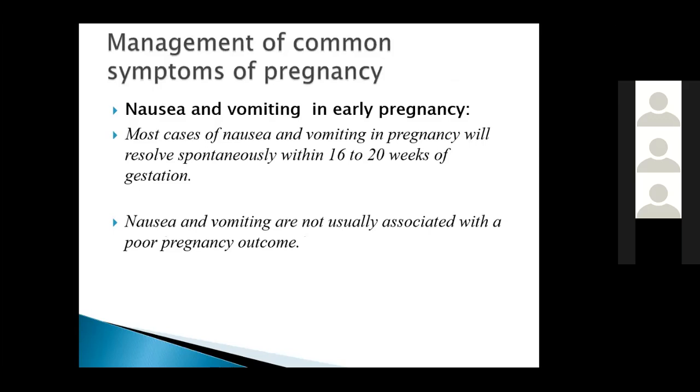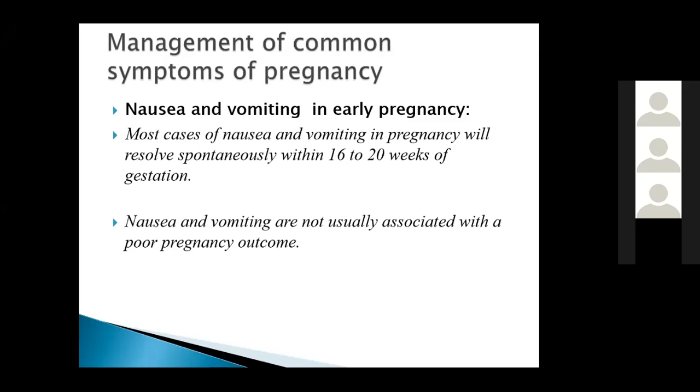What are the other symptoms which patients usually face during pregnancy? Yes, in the first trimester, nausea and vomiting are usually faced by the patient, and this type of problem spontaneously resolves at 16 to 20 weeks of gestation. If the patient has this problem severe in intensity, then obviously we advise some medication.